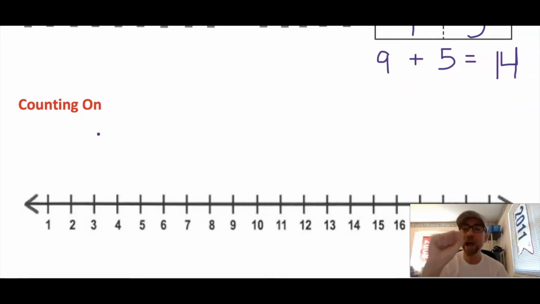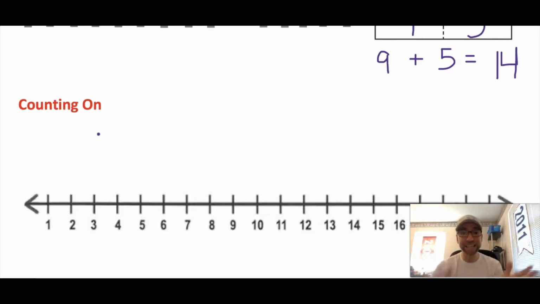So we have 9 in the rock. We're already at 9. And I want to count 5 more. So after 9 comes 10, 11, 12, 13, 14. I added 5 more to 9 and I got 14.